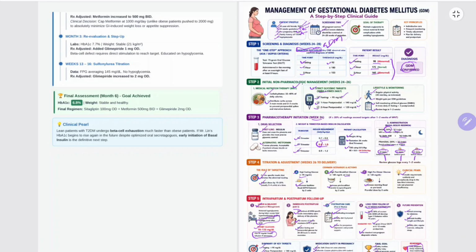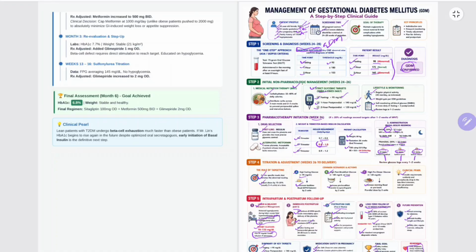And if she has GDM, then the ideal drug for treatment is insulin, and if not, the alternative is metformin. The targets are fasting less than 95, 1 hour less than 140, 2 hours less than 120. During labor, she should receive IV regular insulin, and immediately after labor, all hypoglycemic drugs like insulin or metformin should be discontinued.